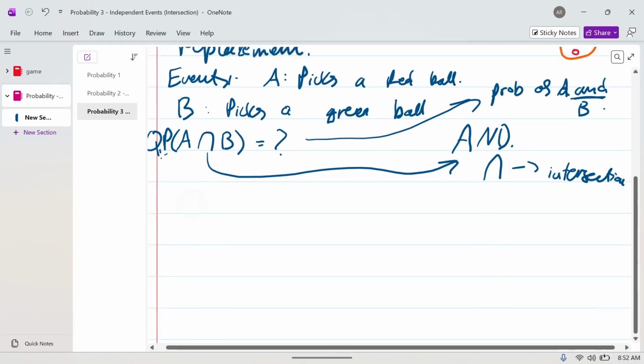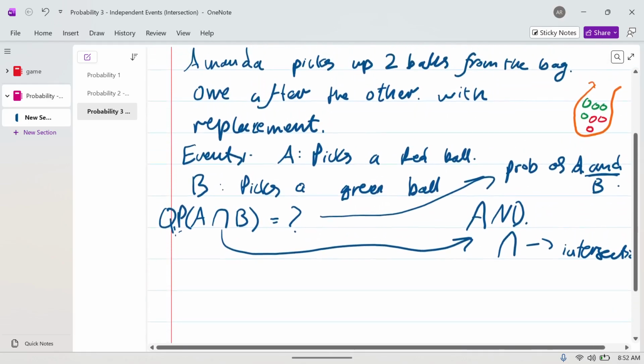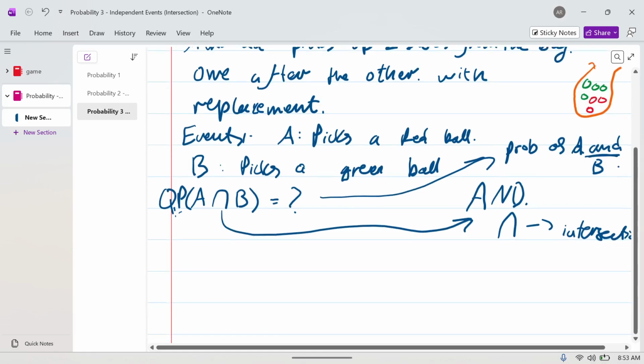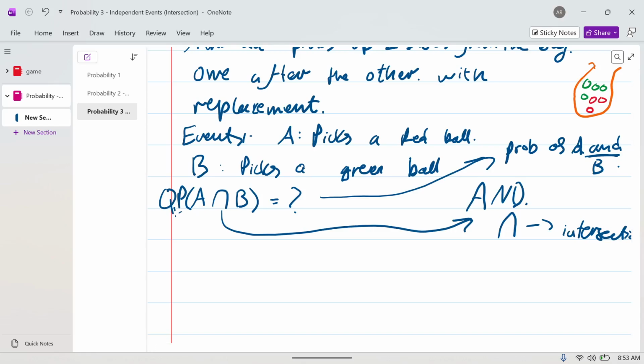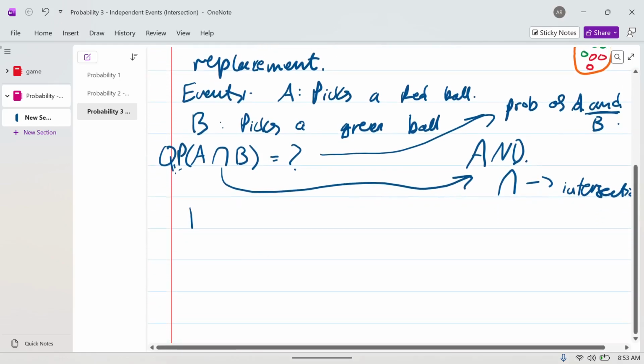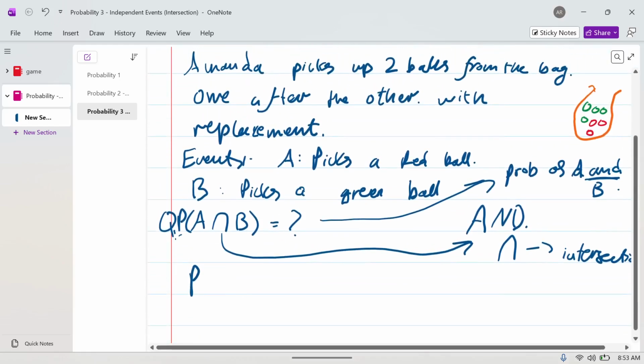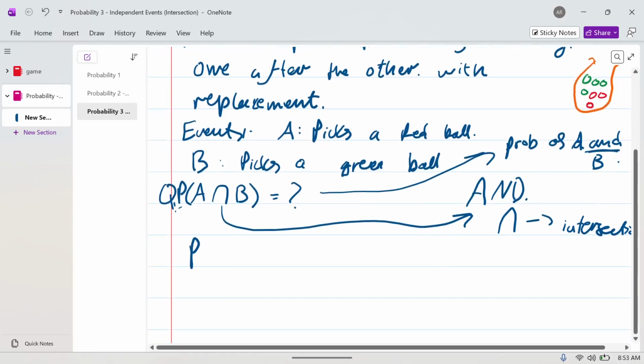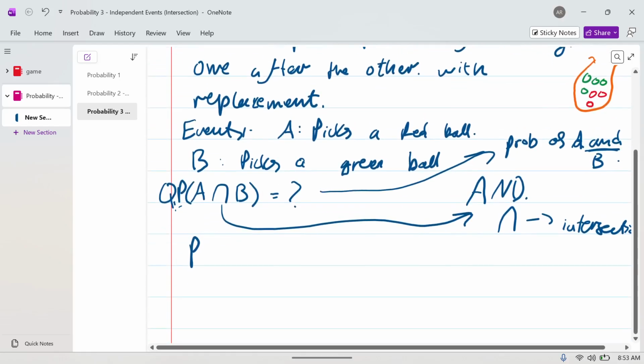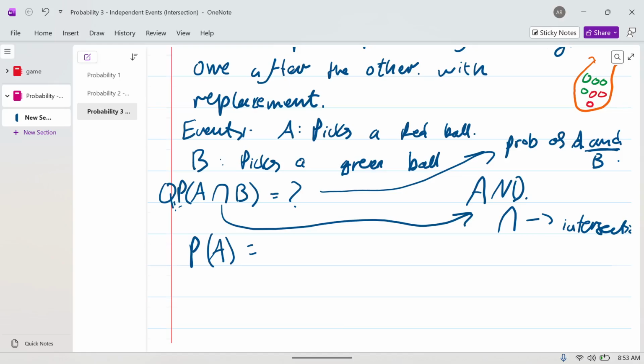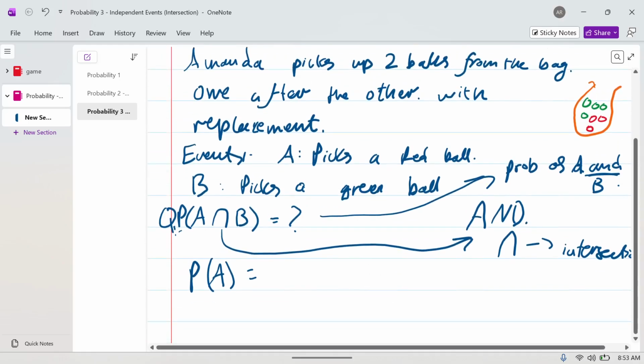So obviously we learned how we're going to solve these, right? So every time two events are connected to each other by any kind of operator, we're first going to find the probabilities of the individual events, right? I mean, obviously you can do it in one step as well. However, just because we're beginning, I would rather do it in steps. So the probability of A is she picks up a red ball.